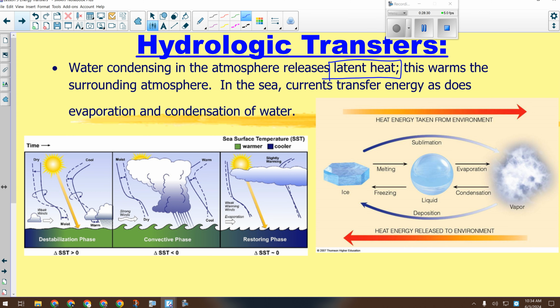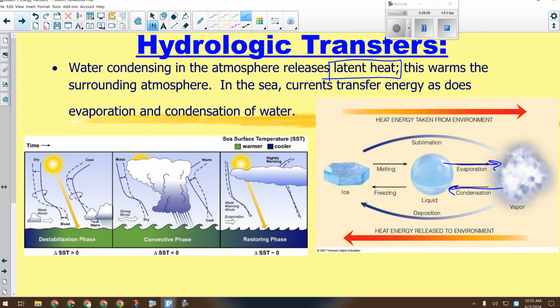In the water cycle, we said that to evaporate water required a lot of energy, and we wrote on the picture of the water cycle energy in. When that water vapor condenses and falls as precipitation, that was energy out. So within the hydrosphere, we're talking about latent heat, state changes. That's where the energy transfers occur within the water cycle.